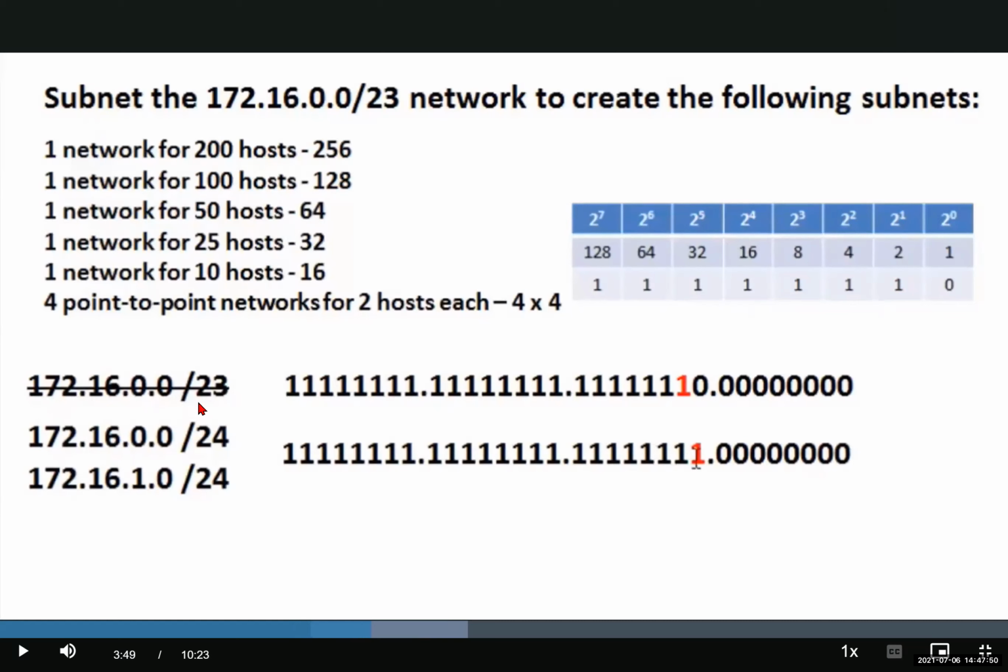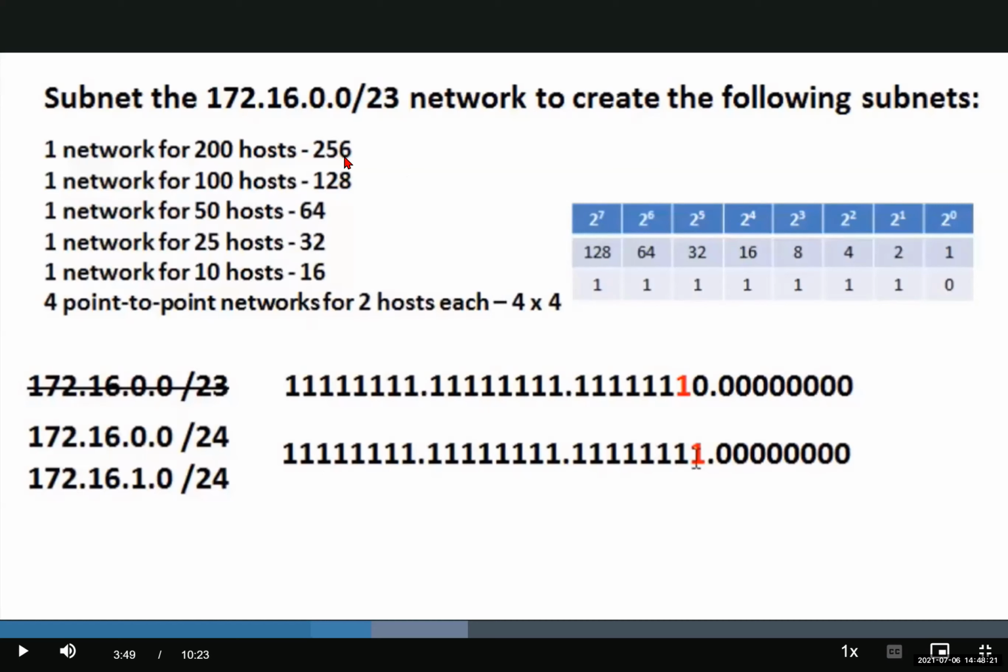Okay, so we see at the beginning you have a /23, you borrow 1 bit, you have a /24 here, right? So when you borrow 1 bit, you're able to break it down into 2 subnets. And on this one, the magic number is 1 in the third octet, right? So that's why you have the first one here and the second one here, you're able to break it down into 2 subnets, and each of them is able to support 256 addresses.